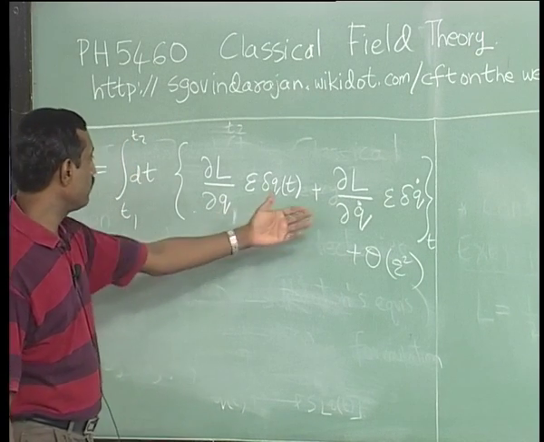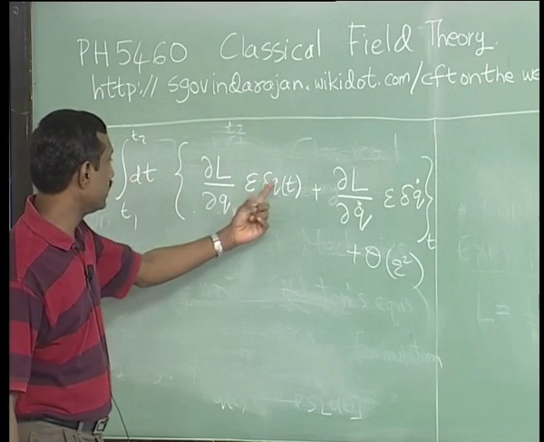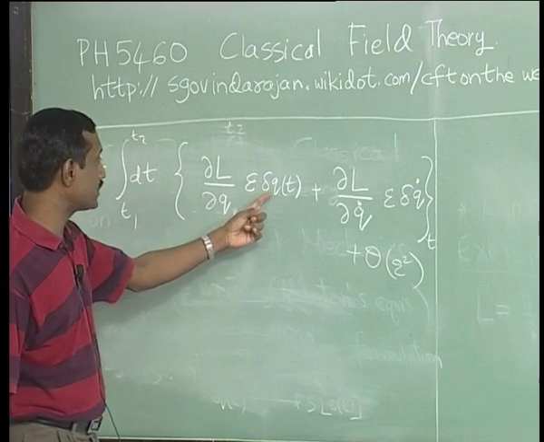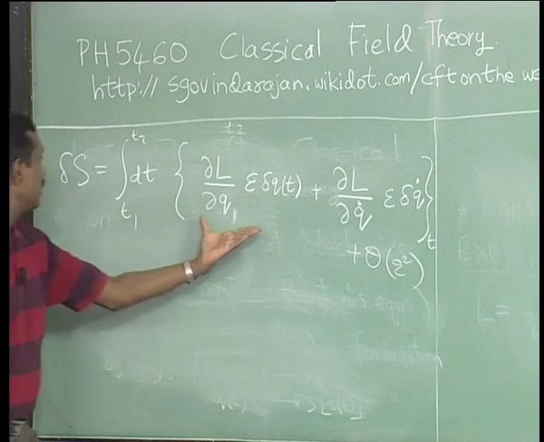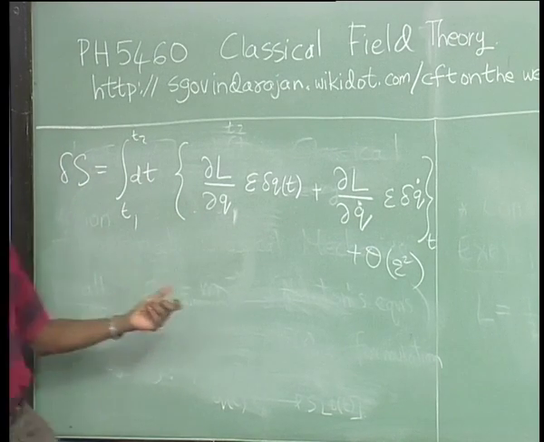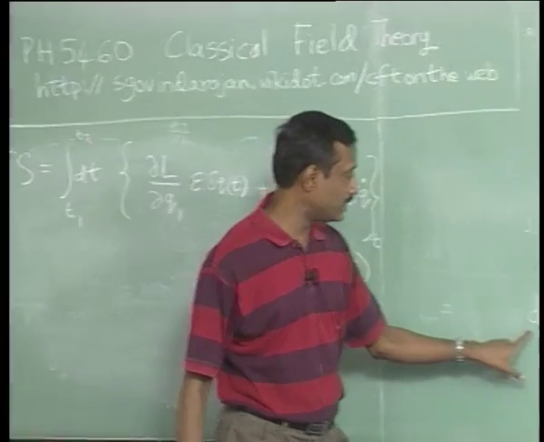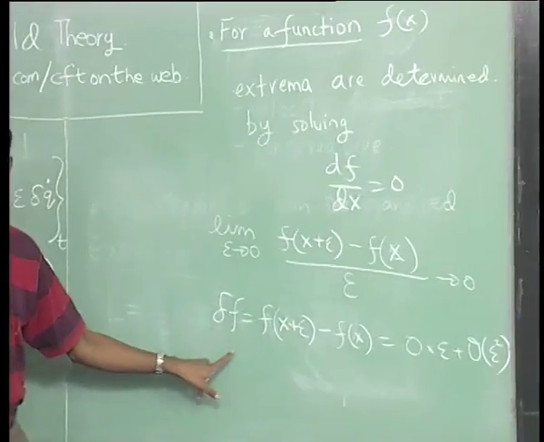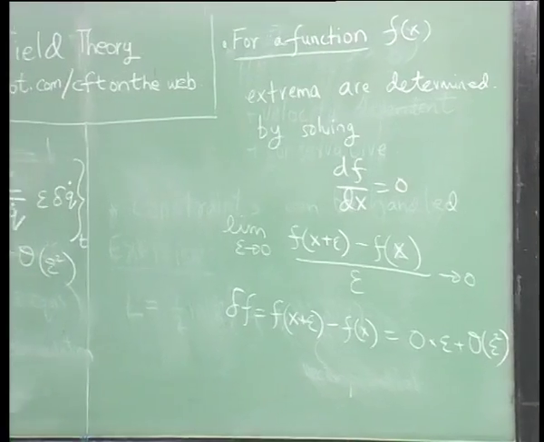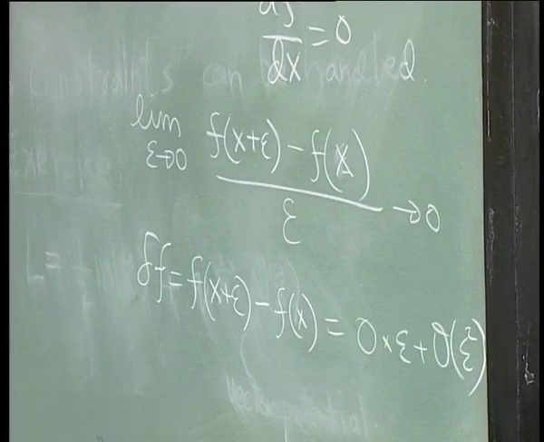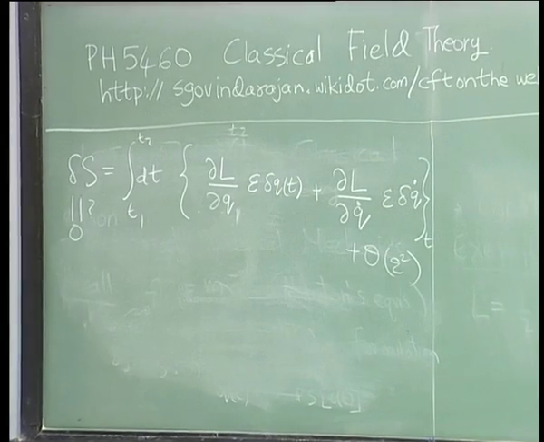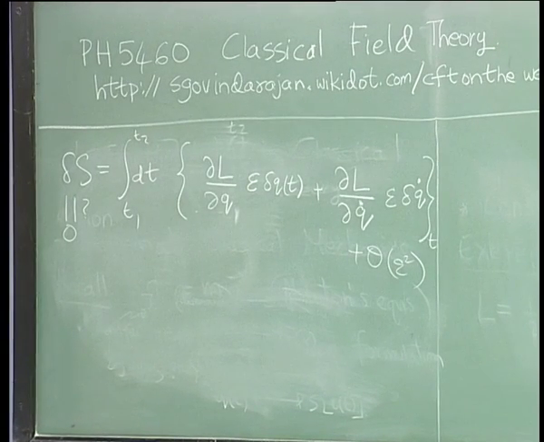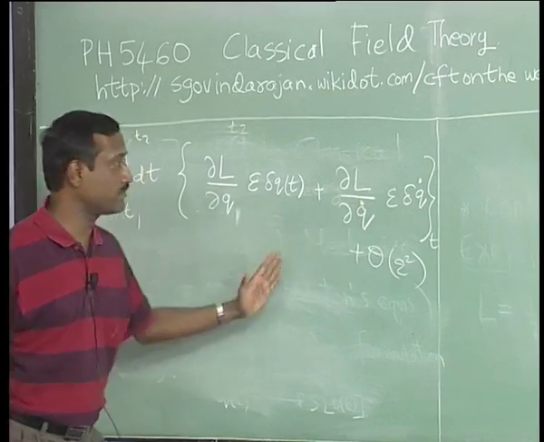Okay. Now, since this has to hold for every time step, we want to find the extrema, in other words, we need to solve the analog of delta f equal to 0. We want to know when delta s is equal to 0. This is the question we would like to answer, but as I pointed out, for each time step they are different.